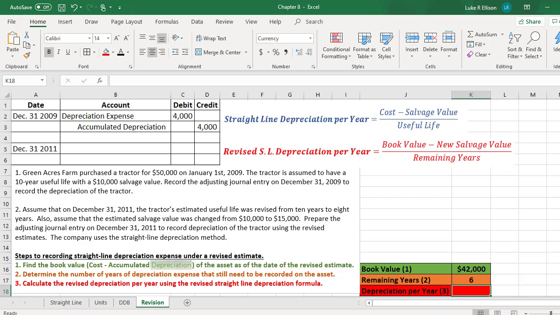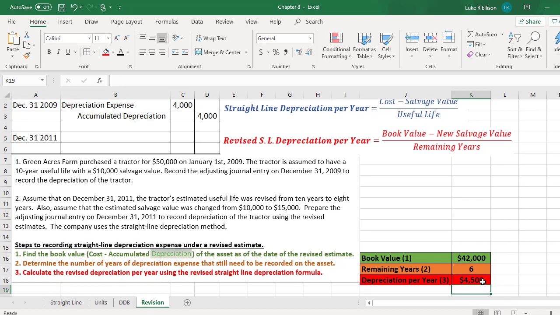Finally, we can calculate the depreciation per year under the revised estimate using this formula. So we take the book value, which we already found to be $42,000. We subtract the new salvage value, which if we read closely here, they changed from $10,000 to $15,000. So we type $15,000, and then we divide that by the remaining years, which was 6 years.